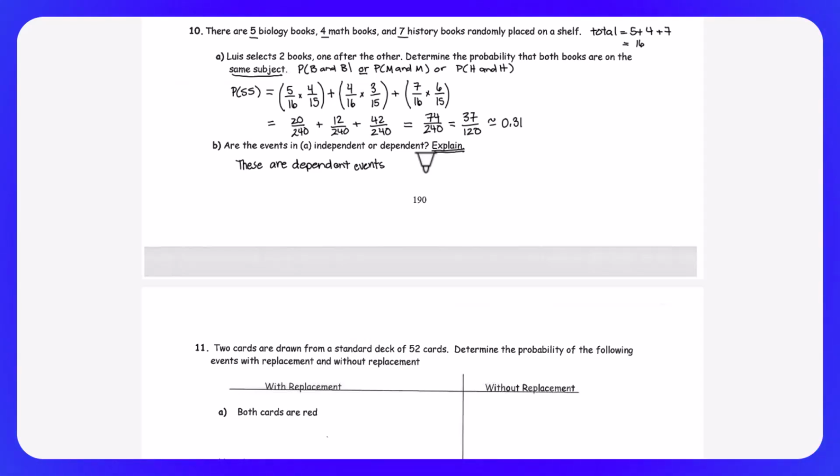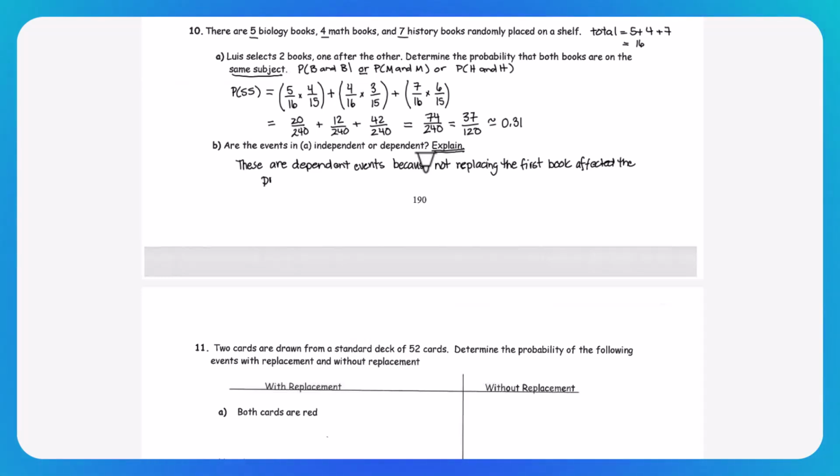These are dependent events because not replacing the first book affected the probability of selecting the second book.